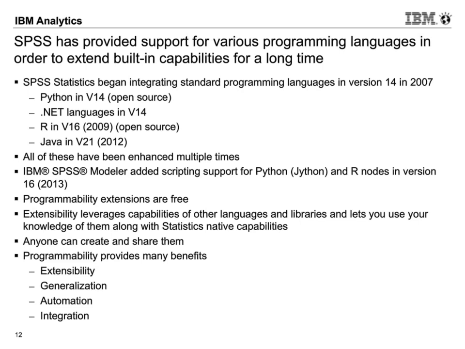That first release had Python and support for the .NET languages. In 2009, we added support for R in version 16. In version 21 in 2012, we added support for Java. All of these have had multiple enhancements over the years, so these are pretty mature technologies.